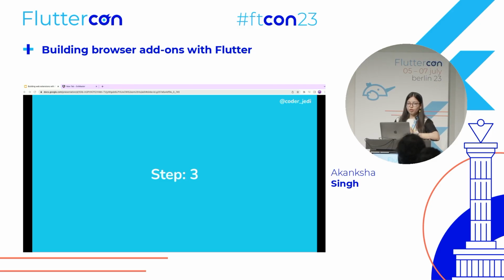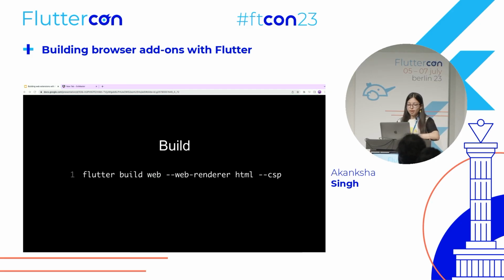After configuring your manifest.json file and index.html, the next step is building, and the command that you will use is this one. When you're running and building web apps, you get options to choose between two renderers. Here we have the HTML renderer.